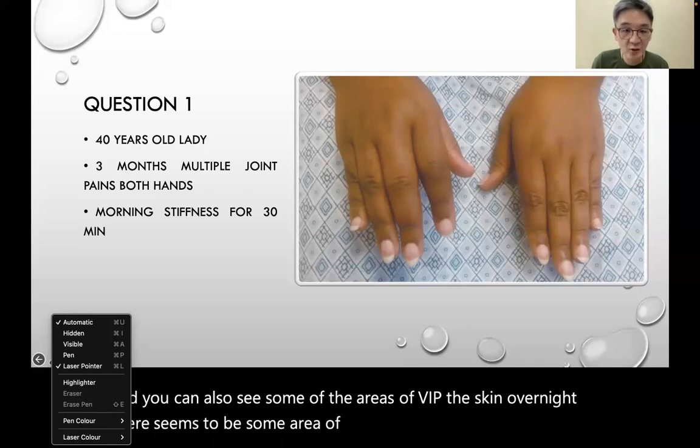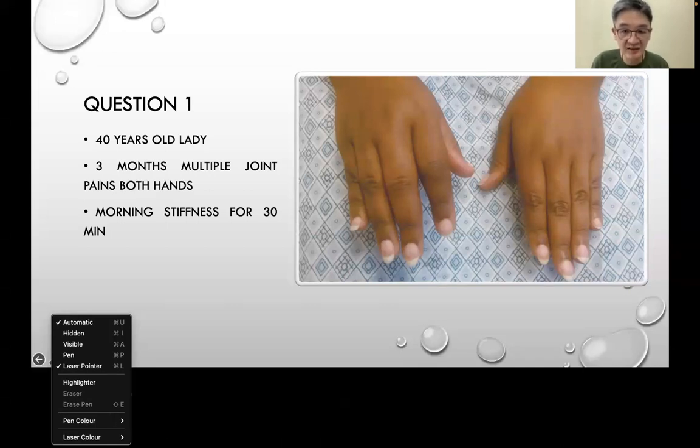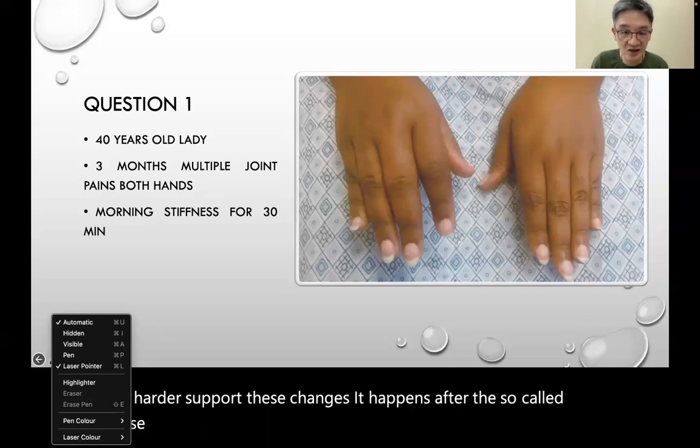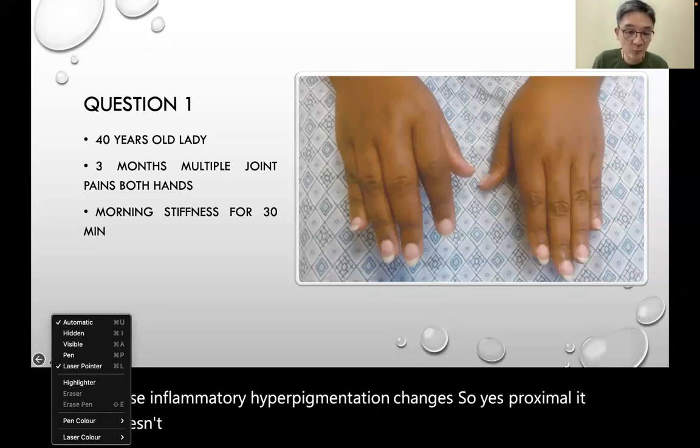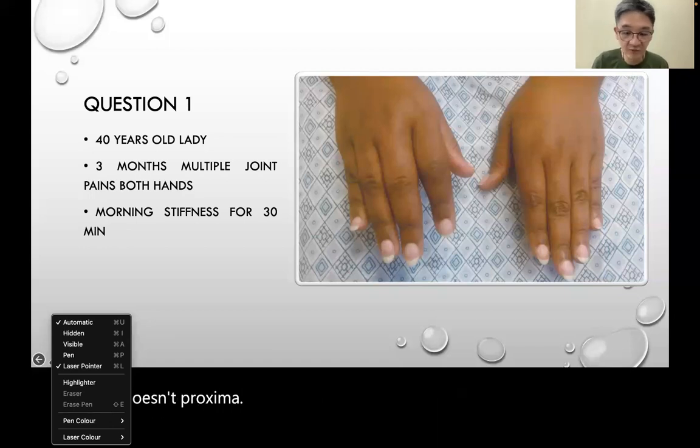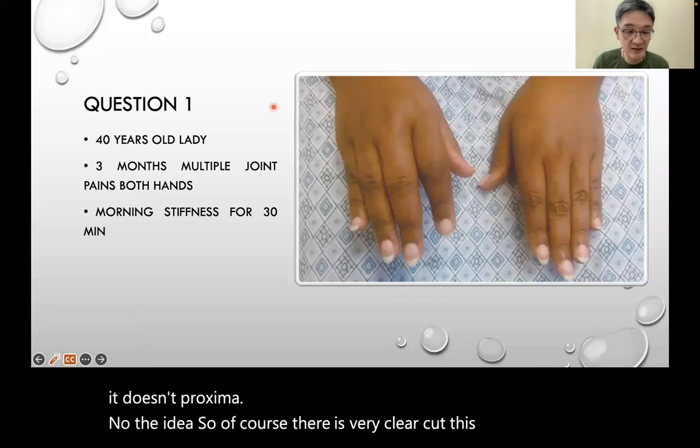Why is that so? Because these changes happen after inflammation, the so-called post-inflammatory hyperpigmentation changes. So yes, PIP joint swelling, no DIP involvement. So of course the diagnosis is very clear cut. This is rheumatoid arthritis.